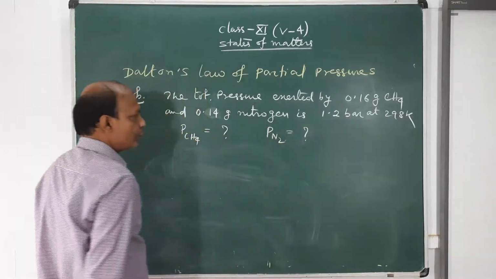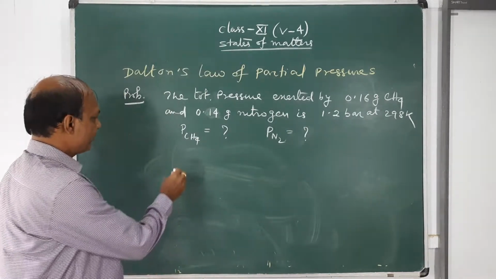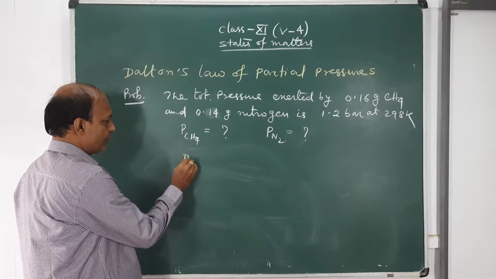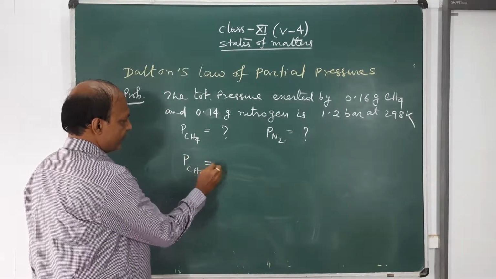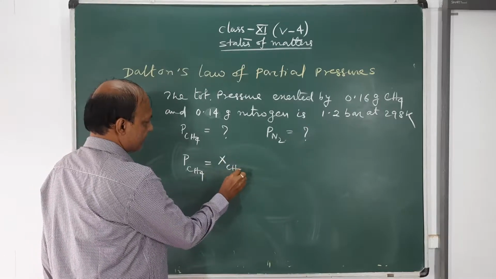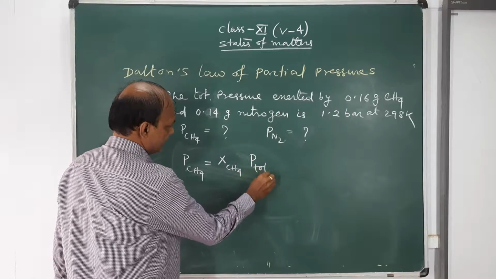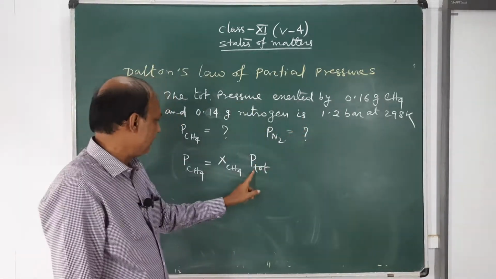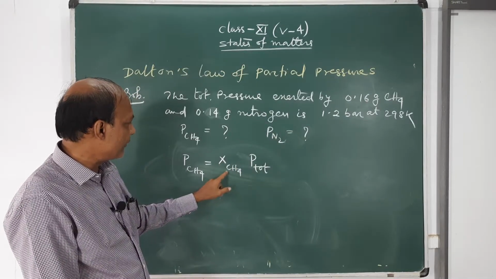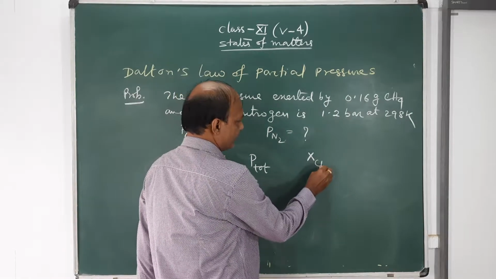How to do it? Let us write Dalton's law of partial pressure. According to Dalton's law, we know that the partial pressure of each gas is equal to its mole fraction multiplied by total pressure. Here the total pressure is given. You have to find the mole fraction of methane.